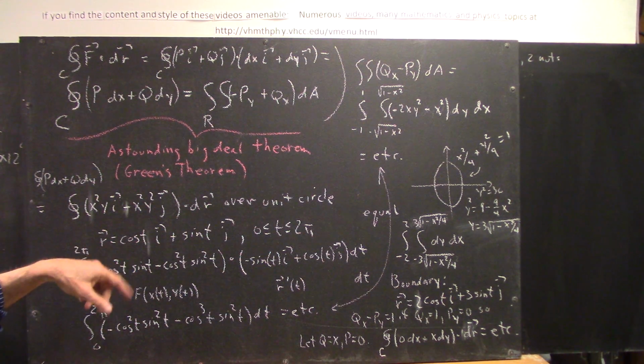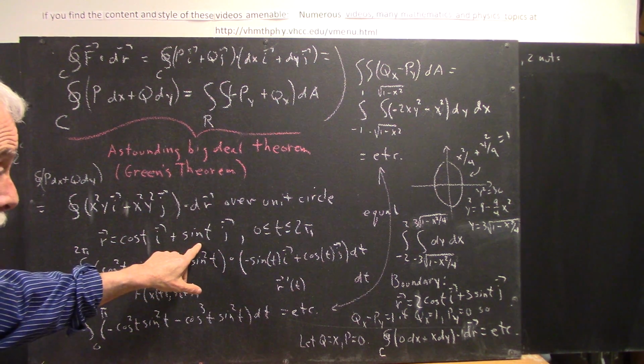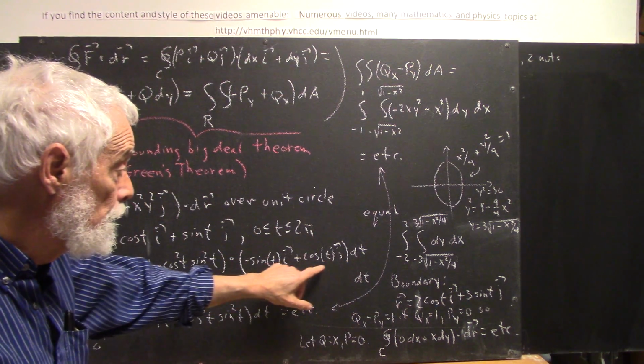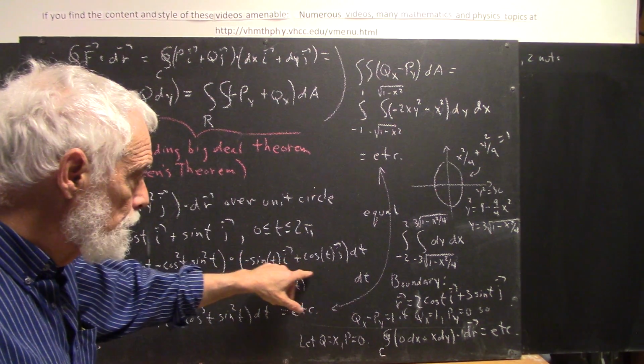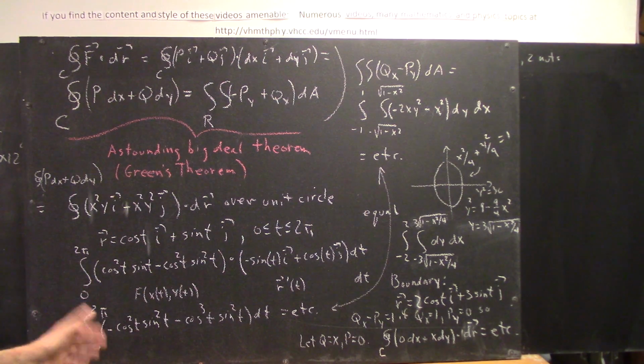It's the derivative of cosine t times dt plus the derivative of sine t times dt. It's negative sine t i dt plus cosine t j dt. Our dot product then becomes what you see here. And that's it. That's the line integral.